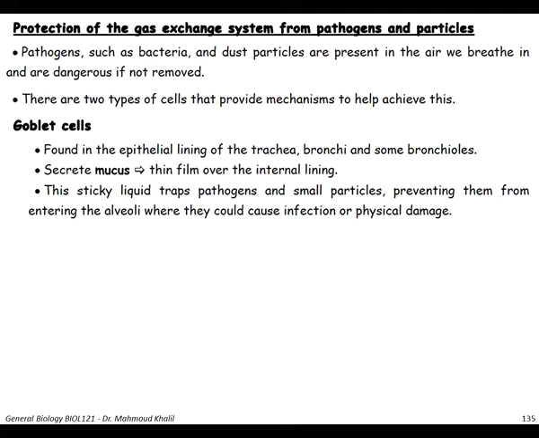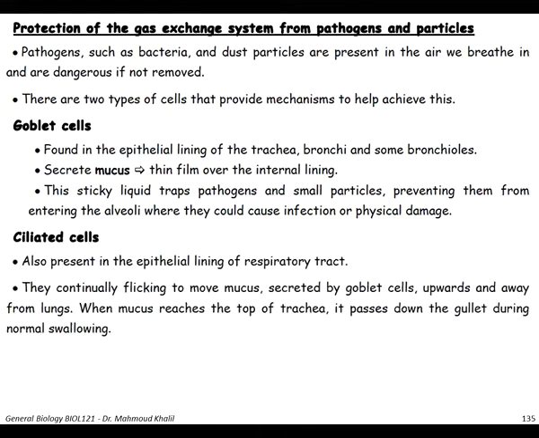If these pathogens enter the alveoli, they will cause infection, or physical damage in the case of particles. As well, there is another important cell type, the ciliated cells. They are also present in the epithelial lining of the respiratory tract, and they are continually flicking to move mucus outside of the respiratory system.